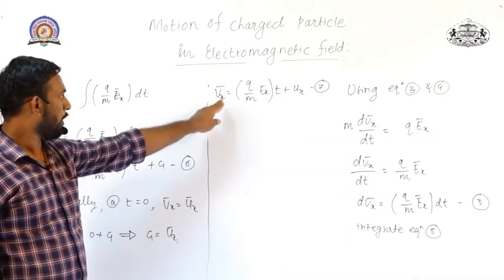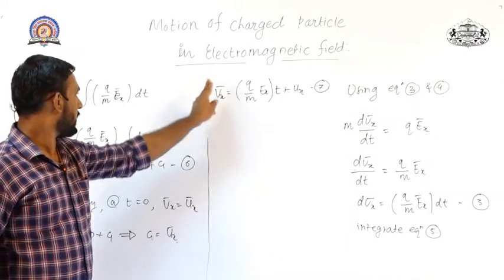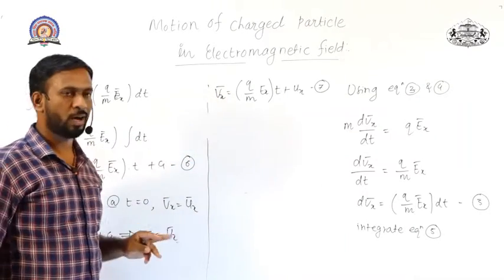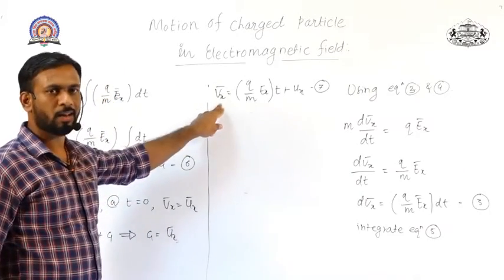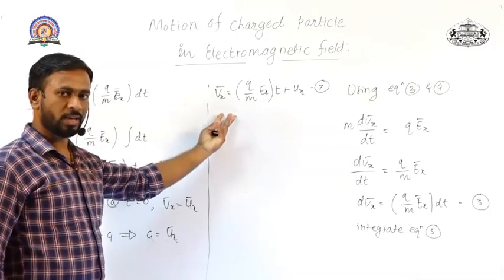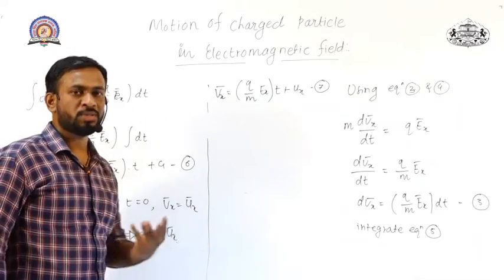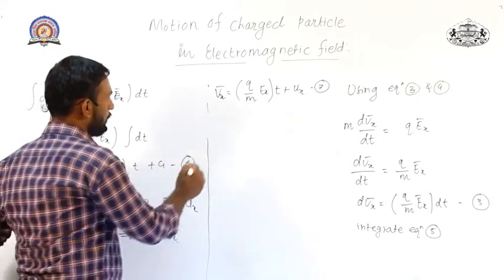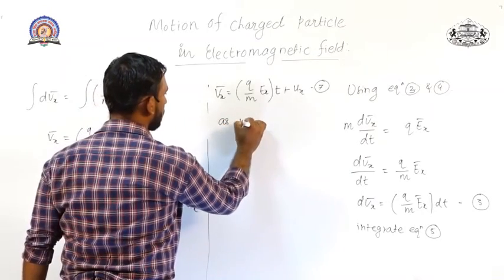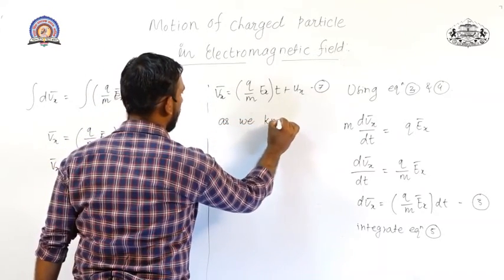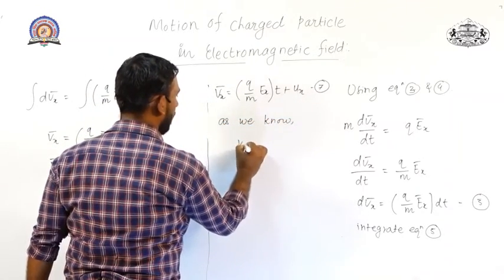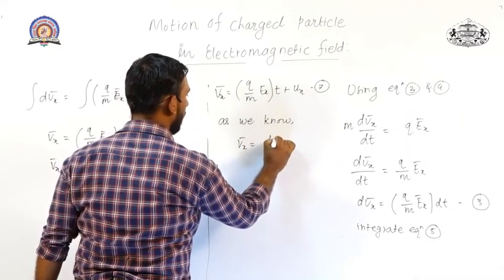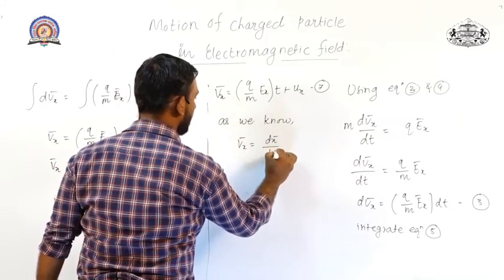So we get the velocity. How to retrace the displacement, the position of the charged particle? Again express this velocity in terms of the rate of change of displacement, the rate of change of position. As we know, Vx is equal to dx by dt.